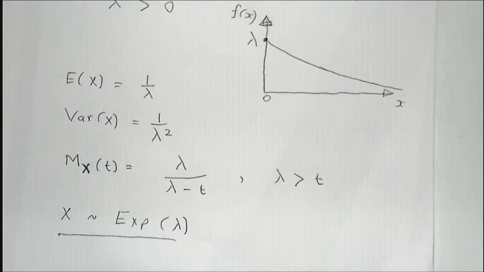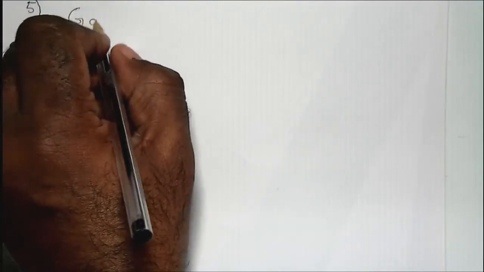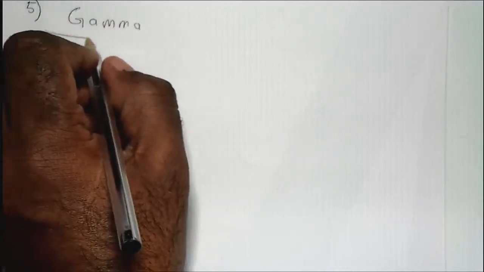The next one, so that's number 5. Number 5 is the gamma distribution, right?